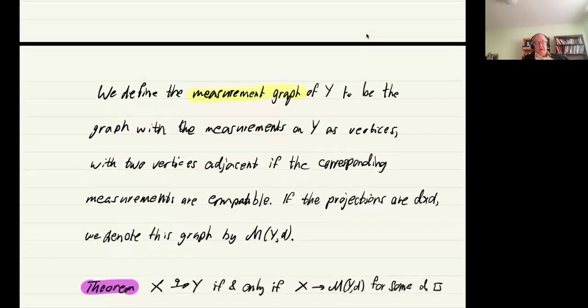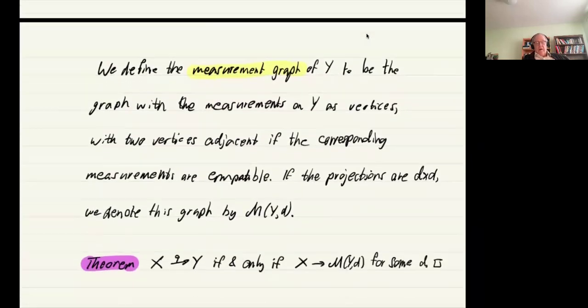We define the measurement graph of Y to be the graph with the measurements on Y as vertices. Now this is an infinite graph. Two vertices are adjacent if the corresponding measurements are compatible. And if the projections are d by d, we're going to denote this graph by curly M(Y, d).